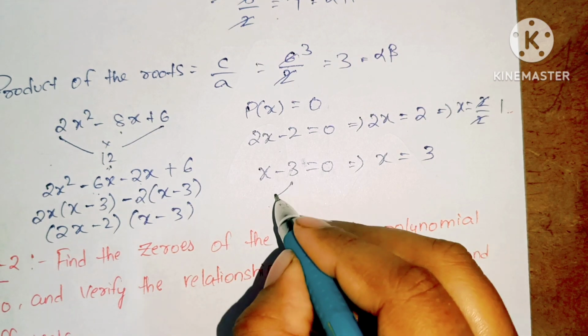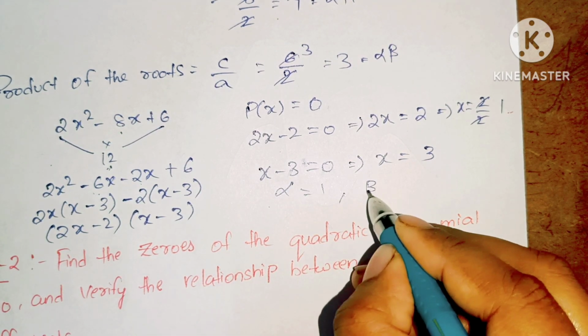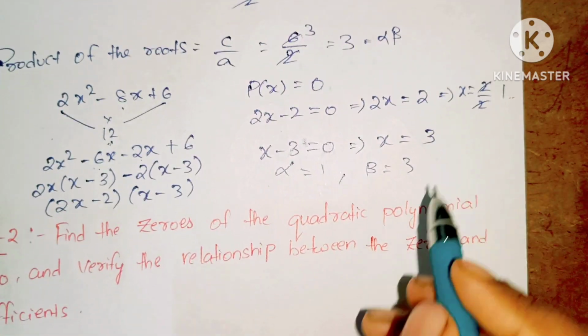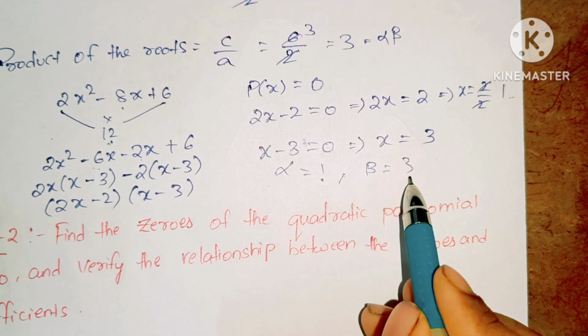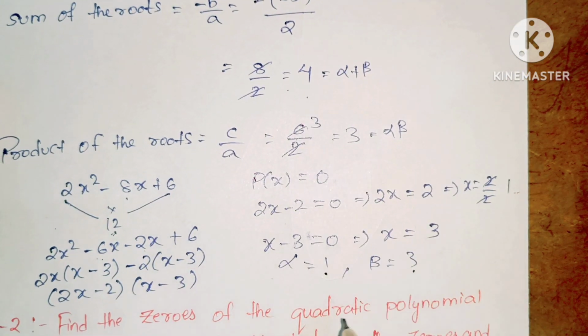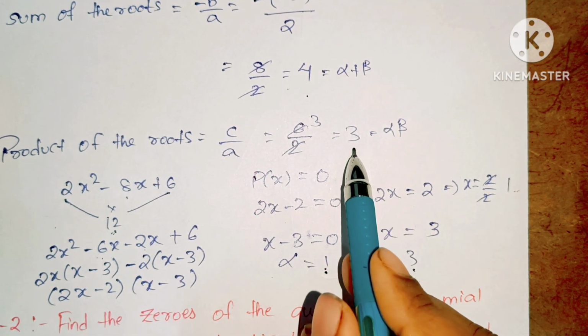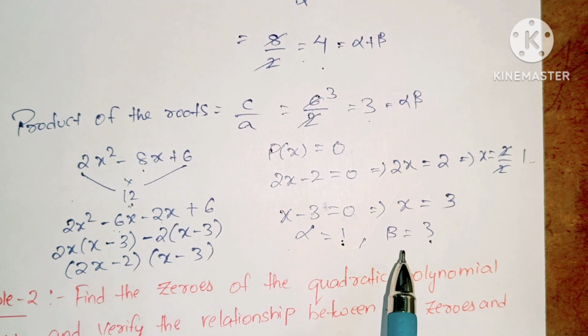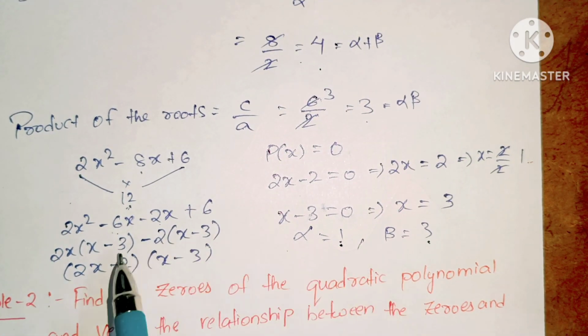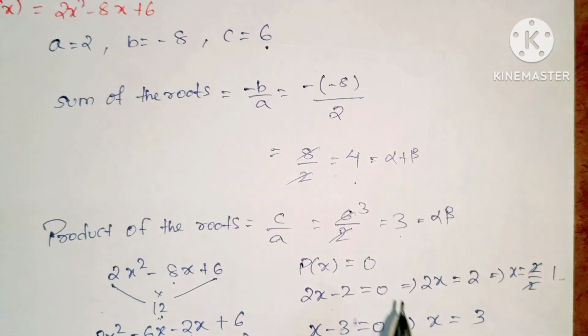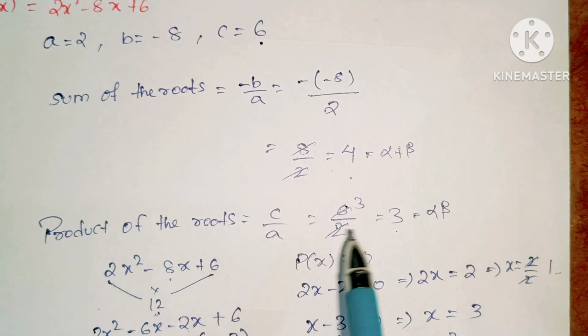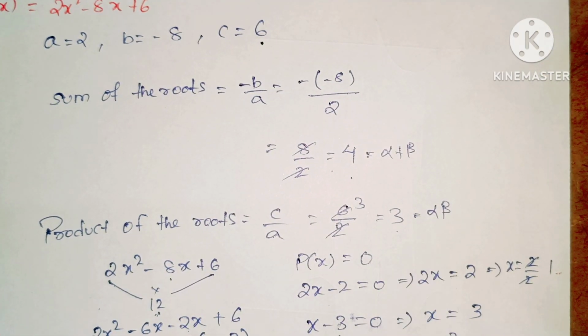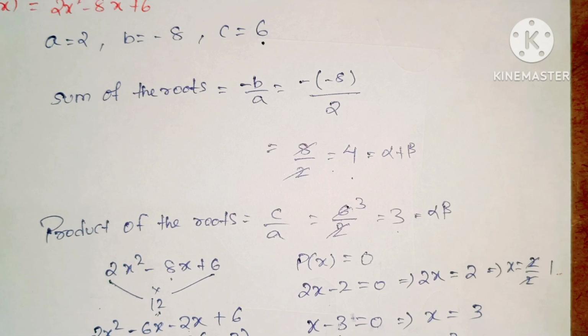Okay, so alpha equal to 1, beta equal to 3. So you can check alpha plus beta, 1 plus 3 how much? 4. Alpha into beta, 1 into 3 how much? 3. Understood? So this is the method to find the zeros of the polynomial, and to find the sum of the roots and product of the roots. You can check that if you add, you will get the same answers only.